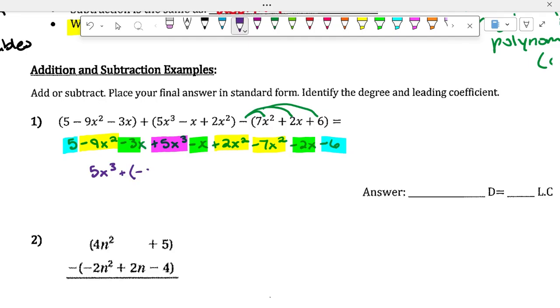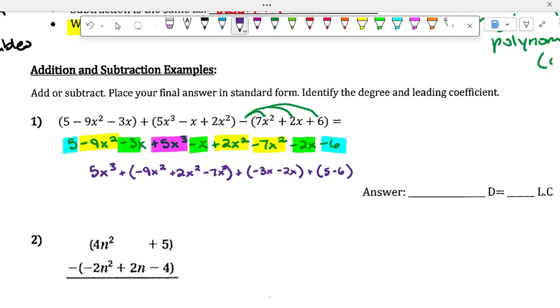So this would be plus negative 9x squared plus 2x squared minus 7x squared. What comes next in standard form? Would be the x's or the constants? The x's. So this would be plus negative 3x minus 2x. And then finally the constants, so 5 minus 6.